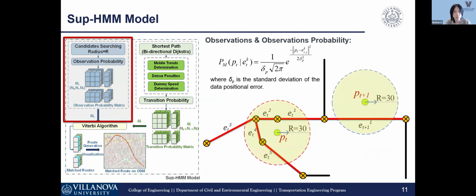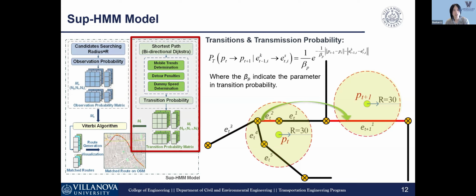In our Sup-HMM model, observation probability is based on how close GPS points are to the nearby road segments. We use a k-d tree to quickly find the candidate links within 30 meters of each GPS point. Then we assign the probabilities using a distance-based function: the closer the candidate, the more likely.